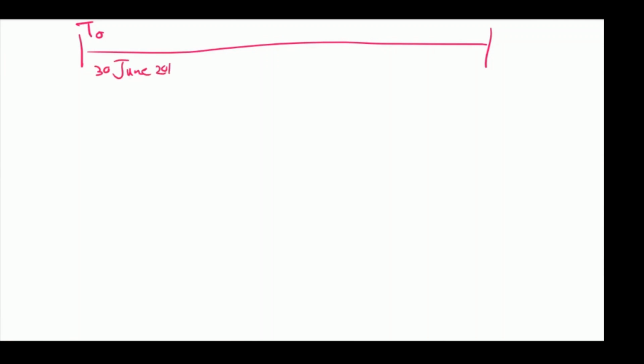So we are going to draw to represent the information. So we know this is our timeline. It starts at T0. T0 is the 30th of June 2013, right? So it starts here. So the payment of 2.5 starts here, and they end at T20, right?